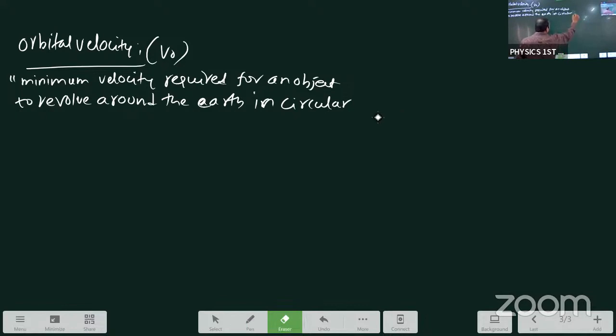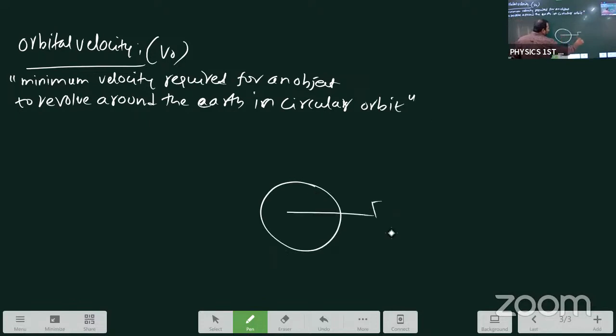If you remember, they write the definition like this, but this one is very simple. See, this is the satellite. Minimum horizontal velocity, remember the word horizontal.